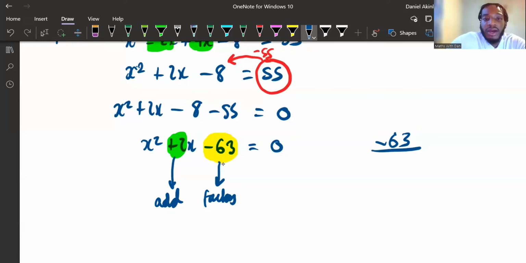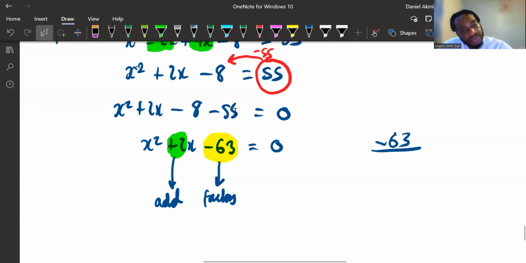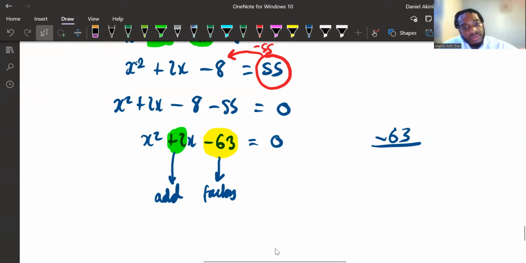Does anybody have an idea of what that is? I'll just give a couple of seconds just in case somebody has an answer. If not, no worries.